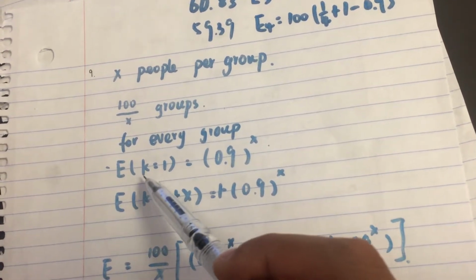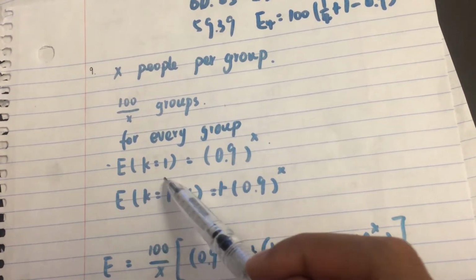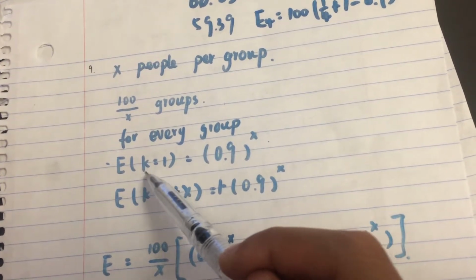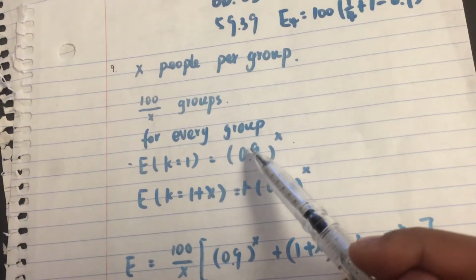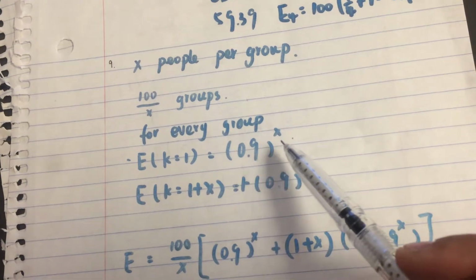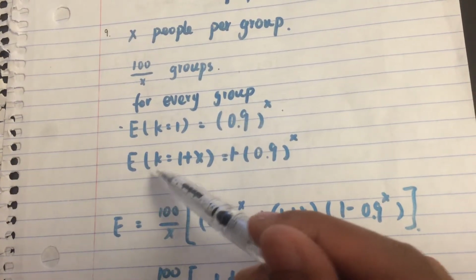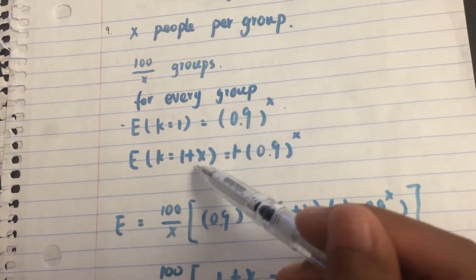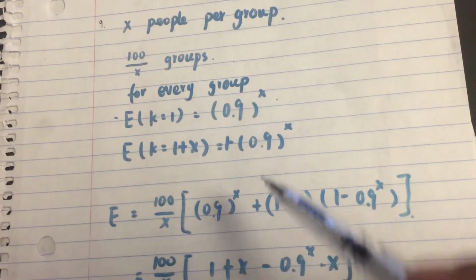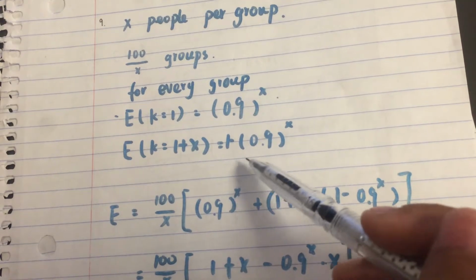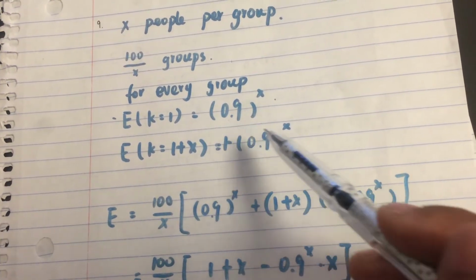because K is the test number, the probability that K equals 1 is 0.9^x, and the probability that K equals 1 plus x is 1 minus the previous one.